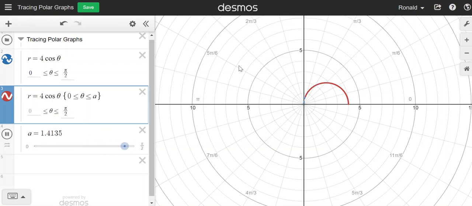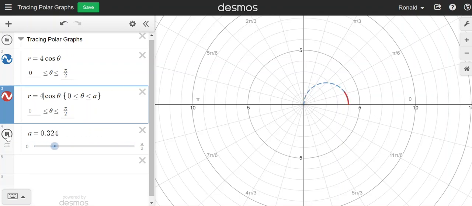So you can play around with the bounds, and you can play around with the different graphs, and all of these will kind of give you an idea as to what these various types of polar curves look like. So in the next section, when you're actually finding the area under a polar curve, it's helpful to graph it and maybe trace out where you are graphing.